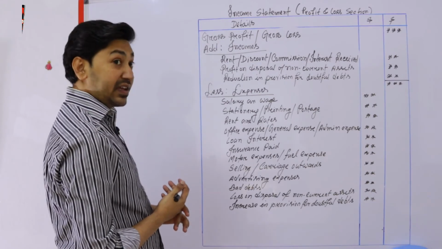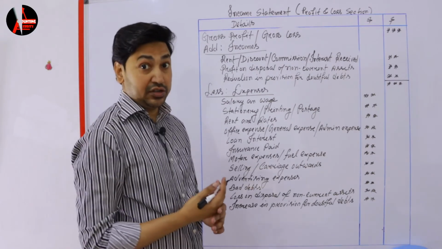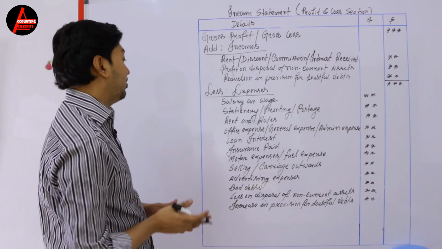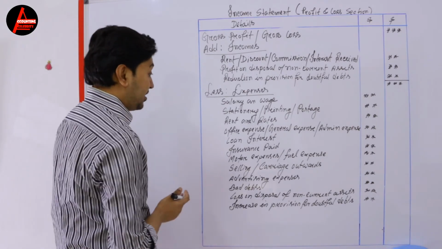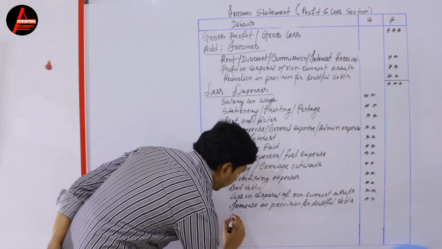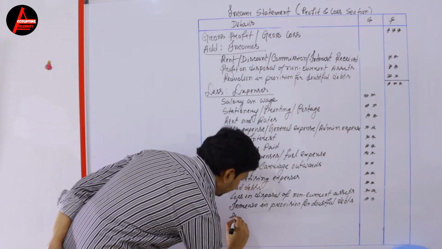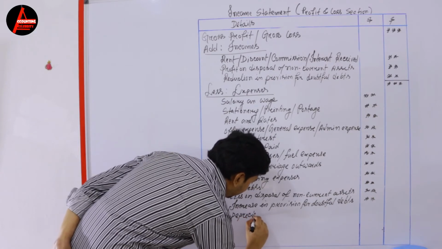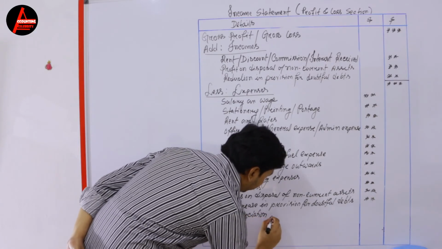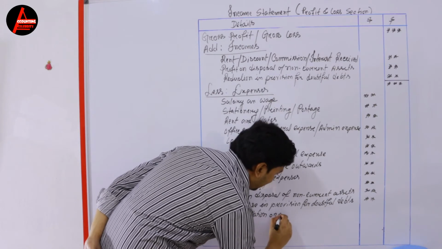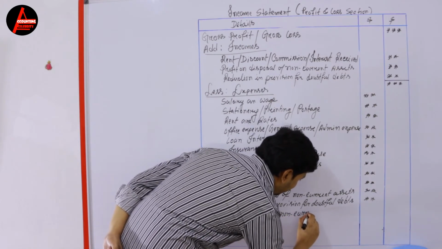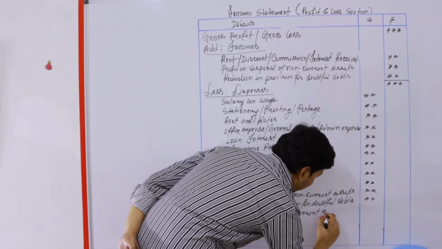So what is next? Next one is depreciation. Okay, if you have depreciation on your non-current asset, it will come here because it's an expense as well. So right here, depreciation on non-current assets.